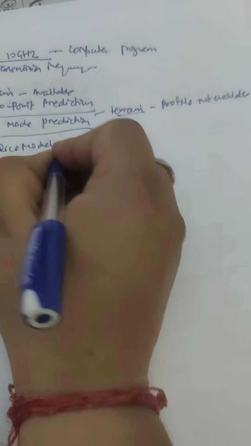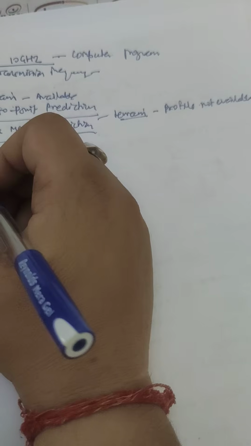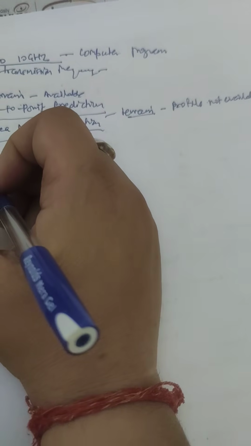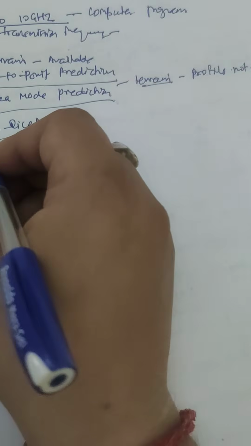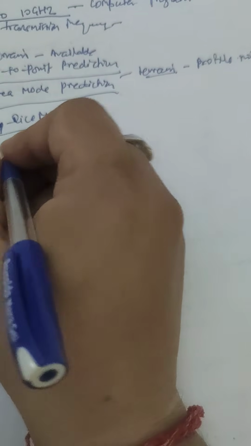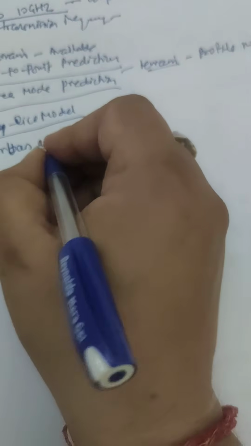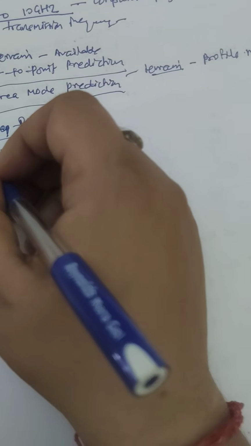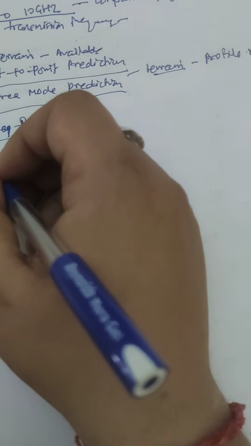So there have been many modifications and corrections in the Longley-Rice model since its original publication. One important modification deals with radio propagation in urban areas, and this is particularly relevant to mobile radio.